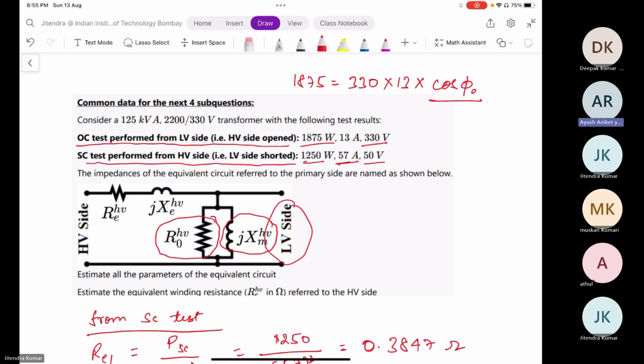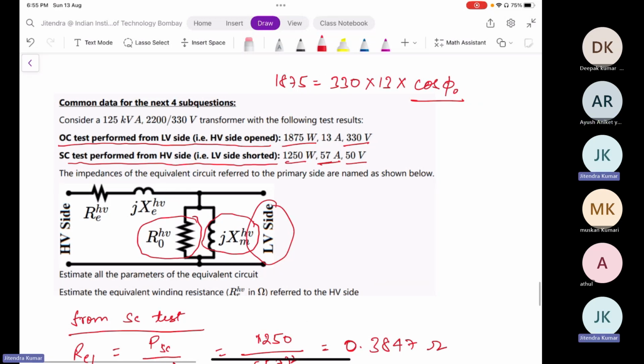Yeah, exactly. Cos phi naught you can compute, and then you can compute R by Z, right? To calculate R or Z, again you have to come to this approach.